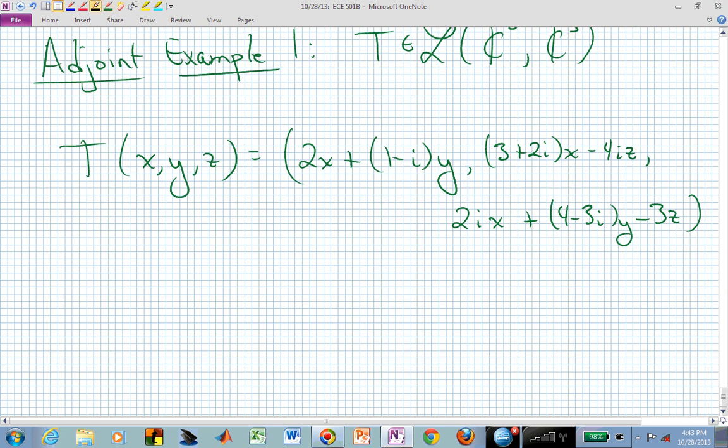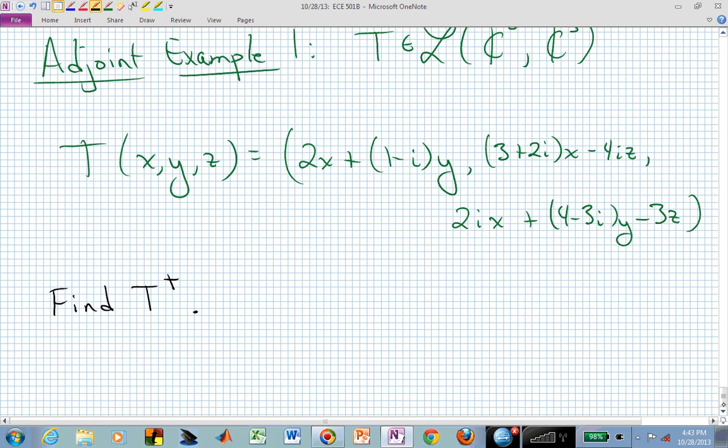And what we want to do is find the adjoint of T. And what did we do last time? We picked a vector W, and in this case it would be in C3. We formed the inner product, and then we extracted out what needed to happen if we found V, inner product with the adjoint times W. Well, let's just see if we can find this based on what we said that the adjoint has to be.